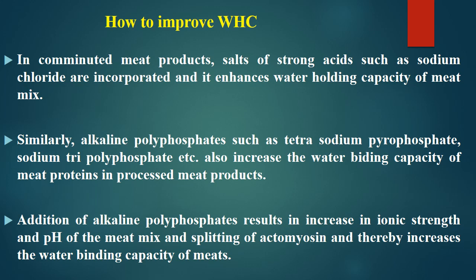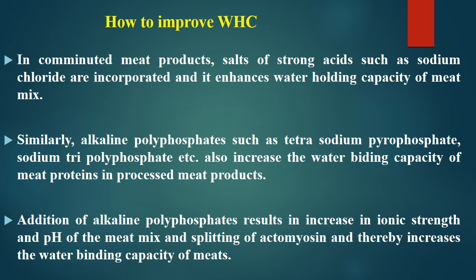Similarly, alkaline polyphosphates such as tetrasodium pyrophosphate (TSPP) or sodium tripolyphosphate etc. also increase the water binding capacity of meat proteins in processed meat products. That's why phosphate is often added while making the meat emulsion, that increases the water holding capacity, yield and juiciness.